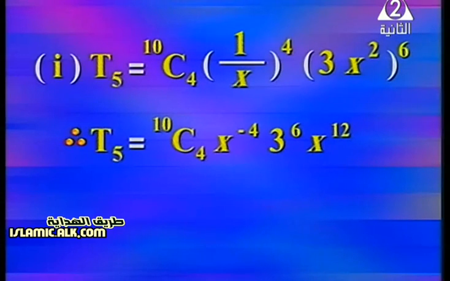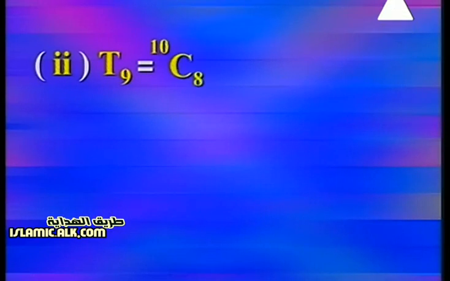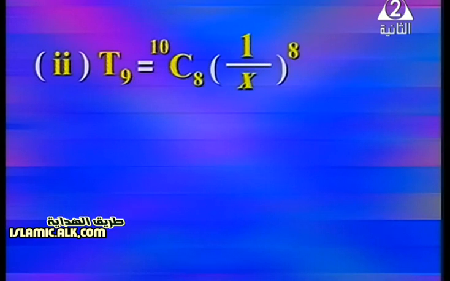Then, by using a calculator, find 10C4 multiplied by 3 to the power 6. T5 equals what? 153,090 x to the power 8. This is the fifth term. The ninth term, T9, equals 10C8. Second term to the power 8, first term to the power 10 minus 8 equals 2.